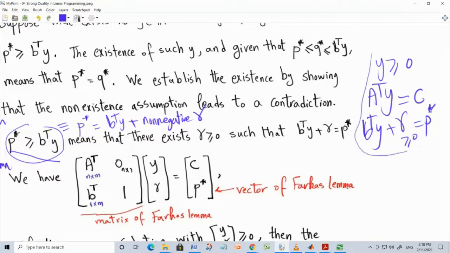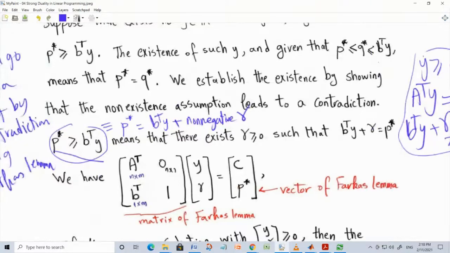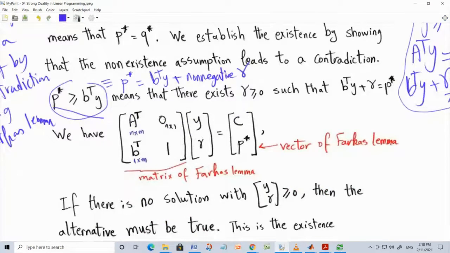So we can collect all these in this form. I have a matrix with A transpose, 0 and B transpose, 1. And I will compose a vector: vector Y of dimension n by 1, and then I will stick this gamma here.